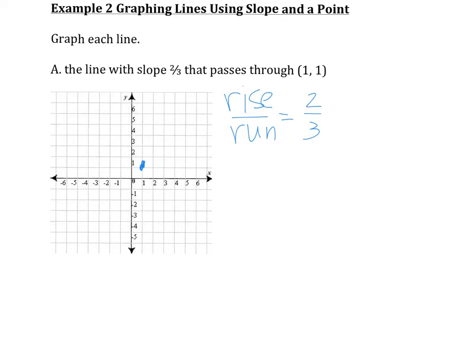So from 1, 1, I can go up 2 over 3, plot a point, up 2 over 3, plot a point. Likewise, from 1, 1, I can come down 2 over 3, down 2 over 3. Connect the points to graph the line.